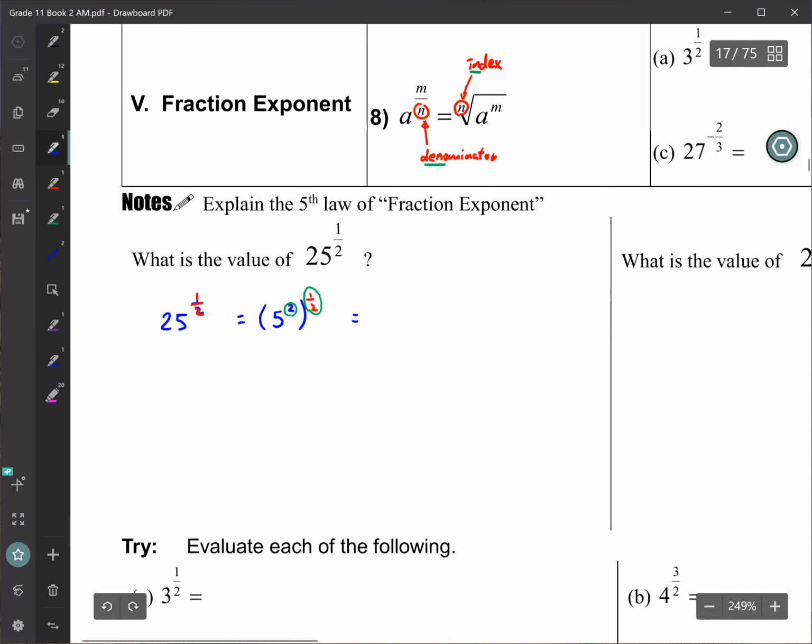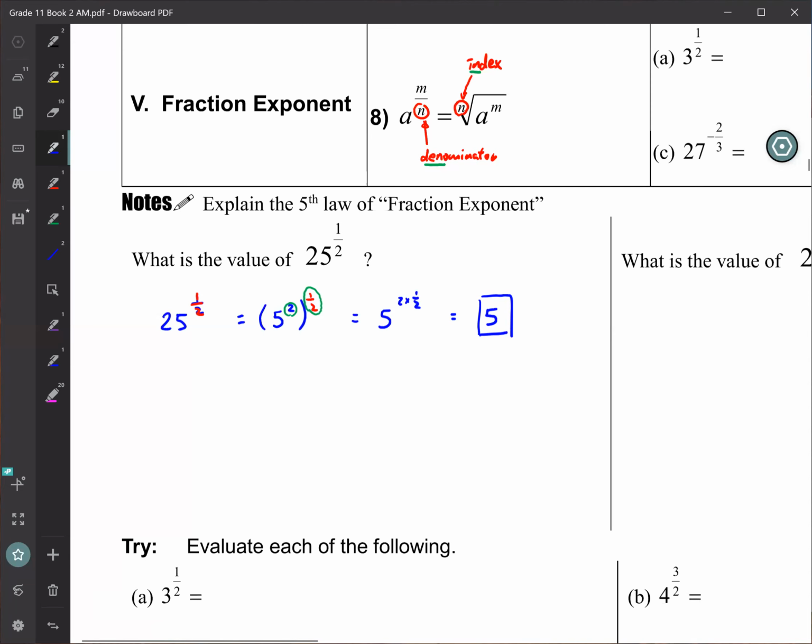So we multiply 2 by half. What's 2 times half? Brennan, what's 2 times half? 1. Right, so it gives you 5 to the 1, and 5 to the 1 is 5. So 25 to the half, you end up with a 5.